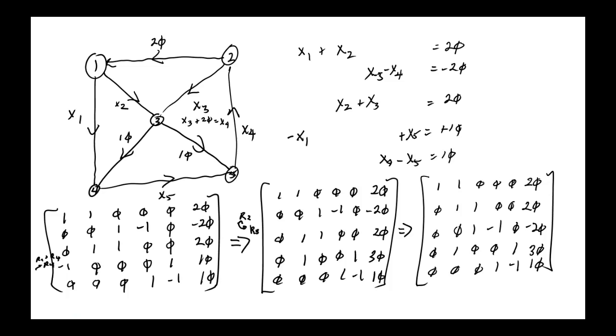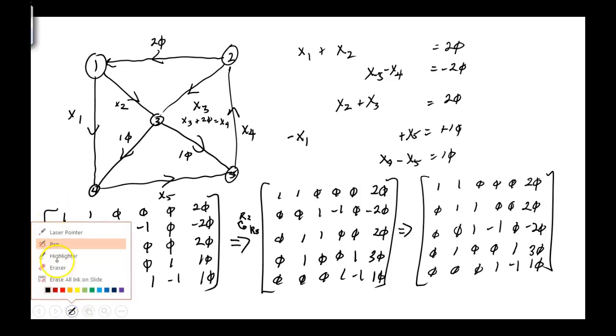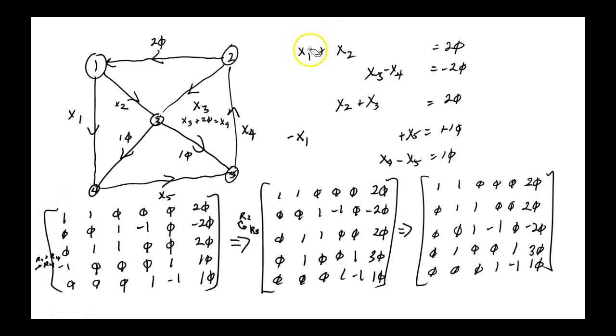Now, I need someplace else to write. And I think I'll erase my equations there because we've already used them and I don't think we'll need them again. So it's okay for me to erase them. I was going to erase my network, but we may want to look at that at the end.